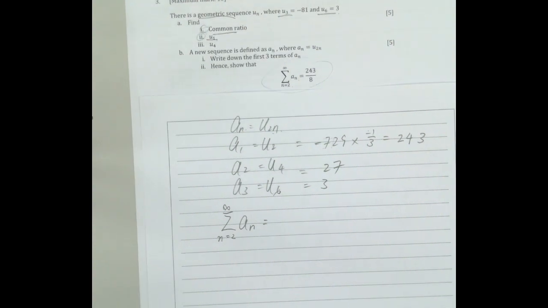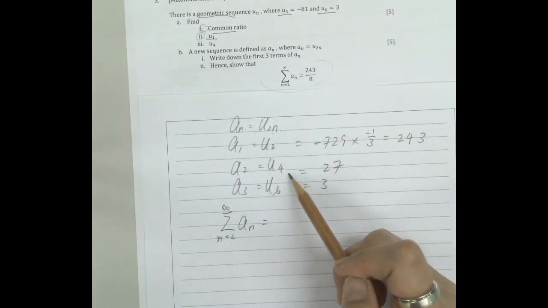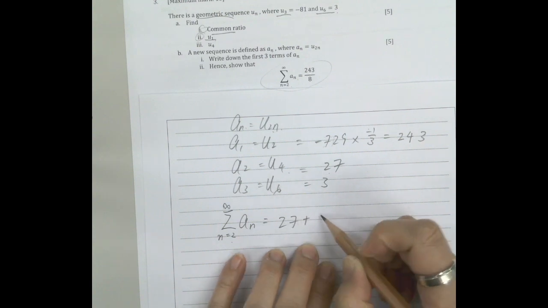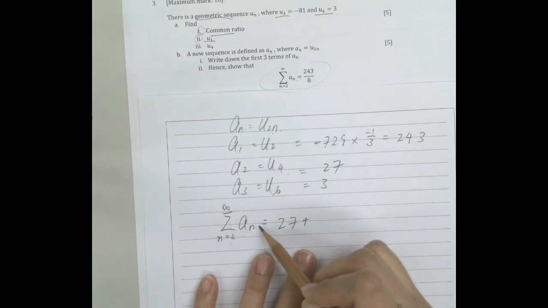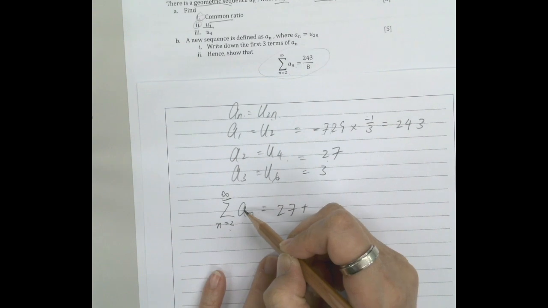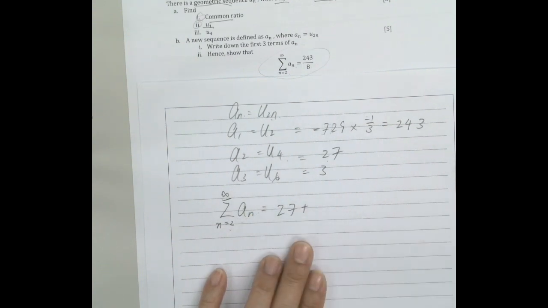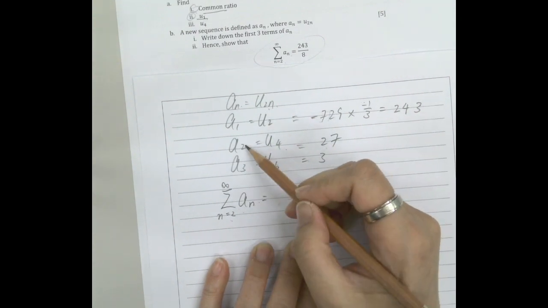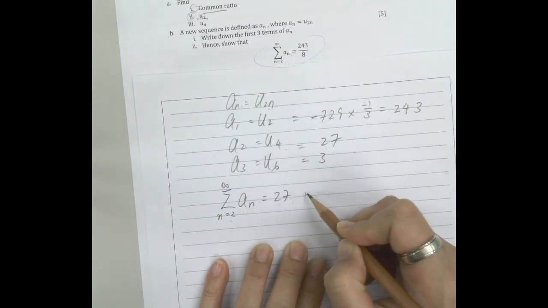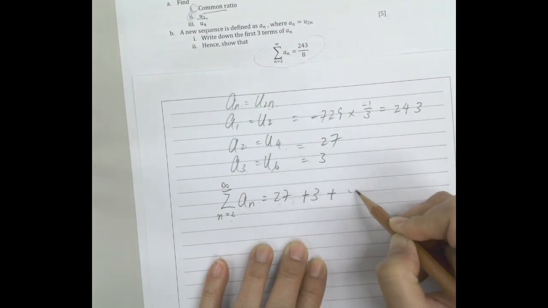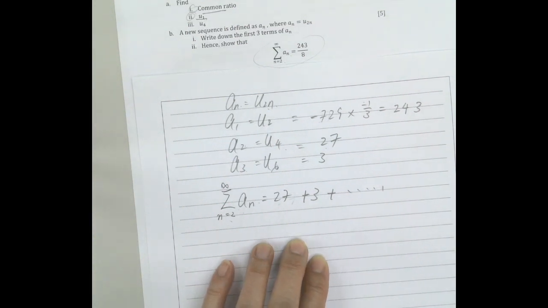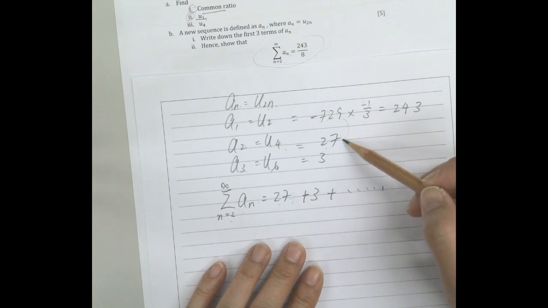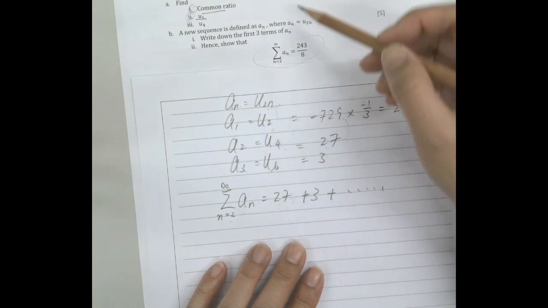So we will have 27 plus 3, plus more terms. This is a sequence that skips a term each time.